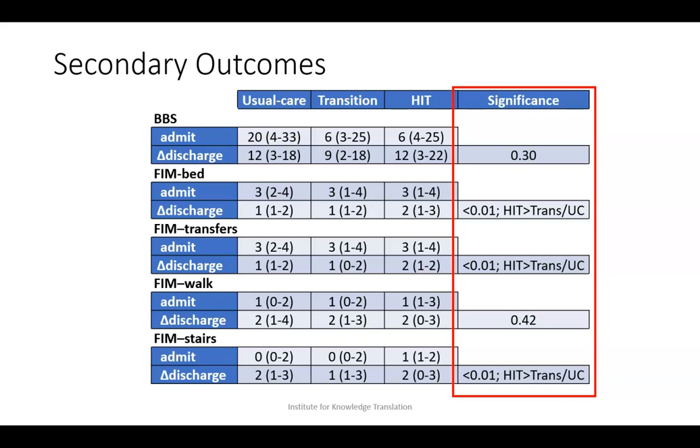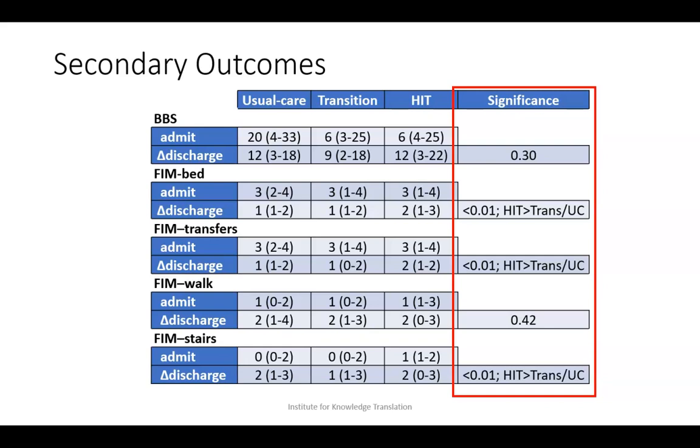The other piece globally that I think is really remarkable about these data are when we looked at what was actually being done in the therapy sessions with the prioritization of walking and the cardiovascular intensity metrics, they were different between each of the three phases. So usual care, different than transition, which was then different from the high intensity training. That's not what we see here for outcomes.